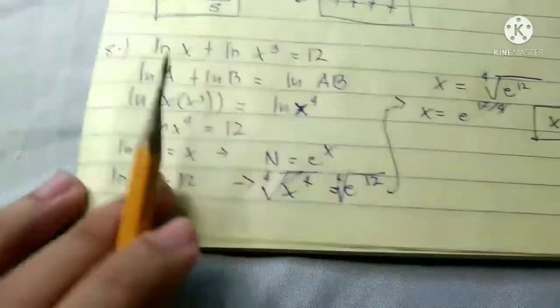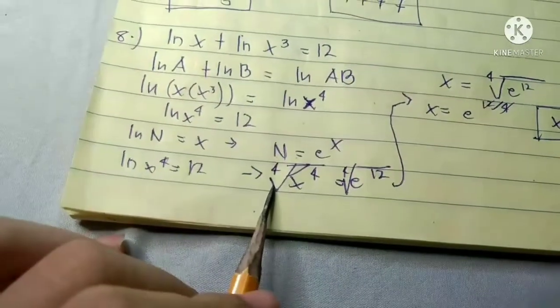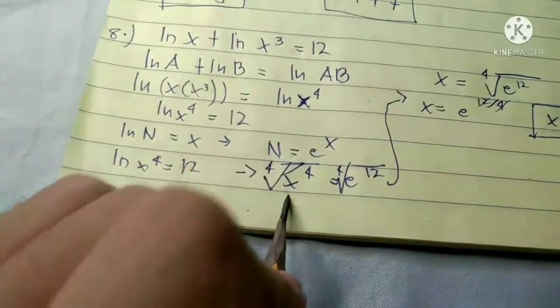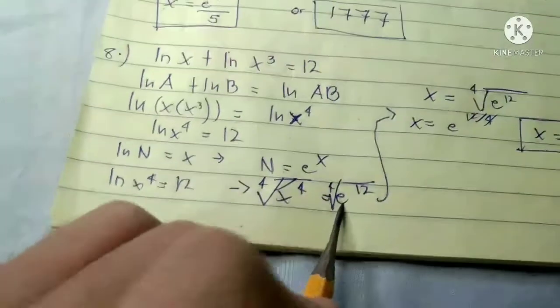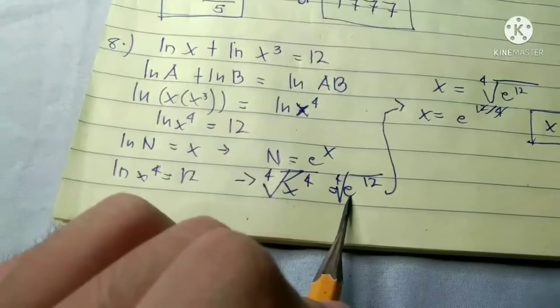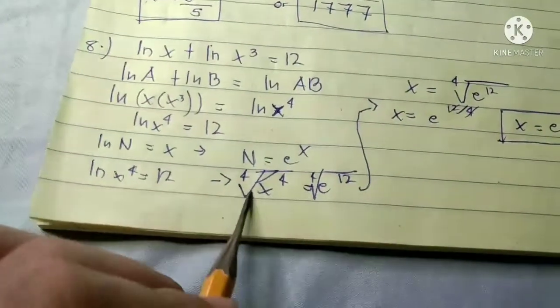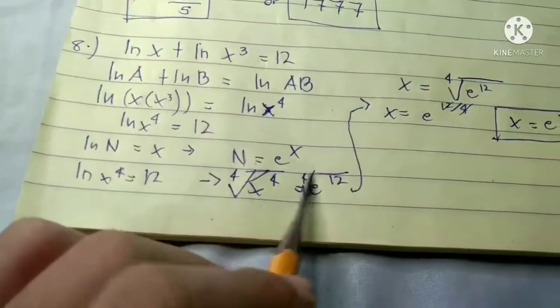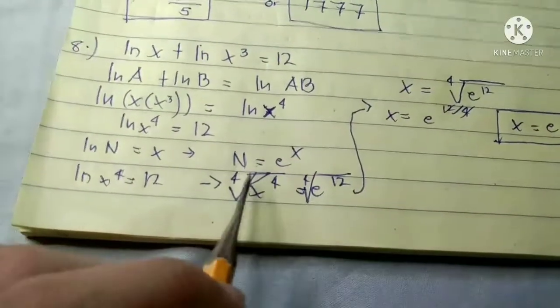So you can write it down now like this. We have x raised to 4 is equal to e, because it is a natural log, raised to 12. Then we take the fourth root of both sides to cancel out raised to 4.